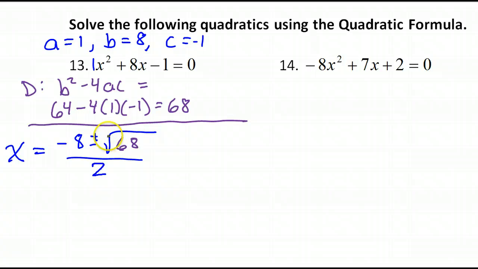It's time to put that in your calculator. Please don't put this entire thing in your calculator. I know that it will fit in your calculator, but your calculator will turn this around backwards, and sometimes it gives you decimals and stuff. Do not, please do not put this entire thing into your calculator. Just put the square root of 68 in your calculator. That's all.